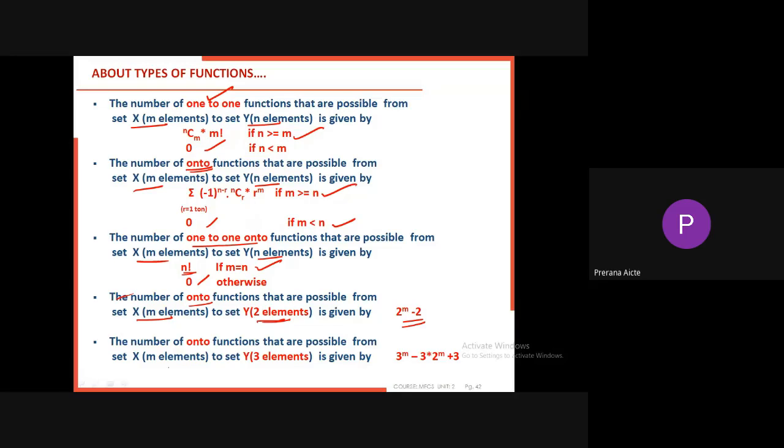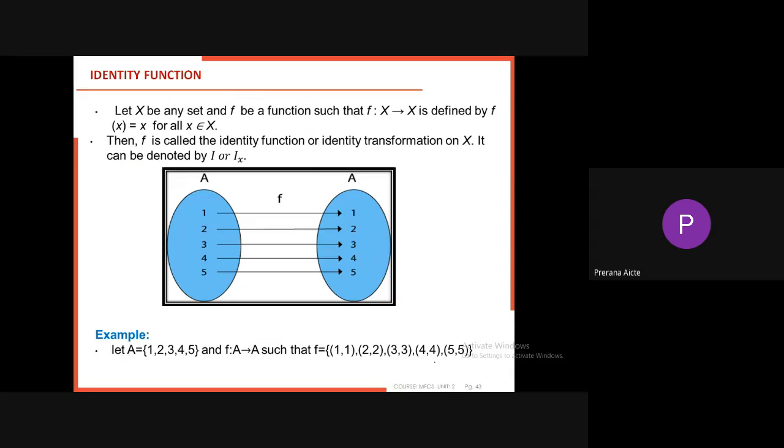And coming to onto functions again, the set x contains m elements and set y contains 3 elements. Then the number of onto functions possible is given by 3 to the power of m minus 3 into 2 to the power of m plus 3. So these are the formulas, or shortcuts, that you have to remember whenever you are working with this.